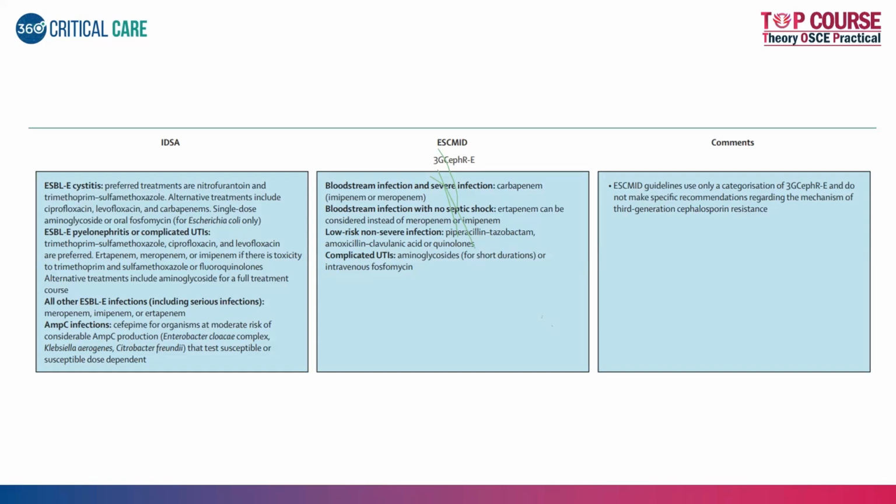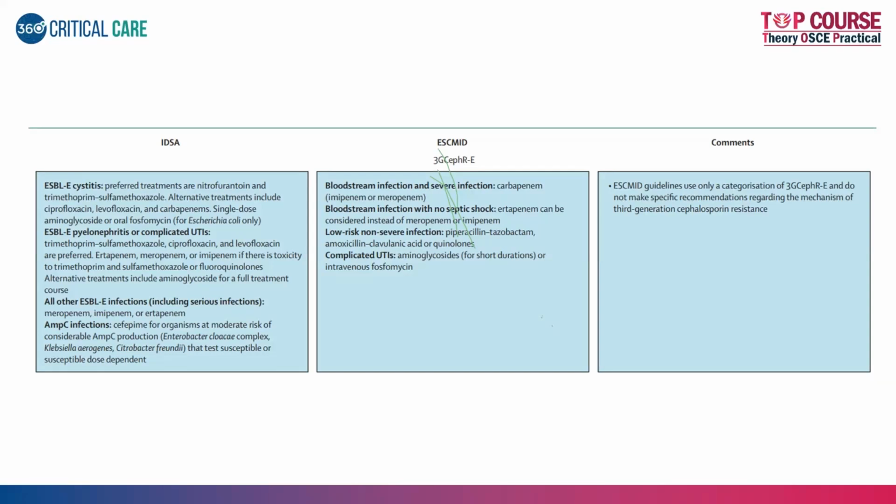If this patient is unable to receive any of the above-said antibiotics, then the drug of choice would definitely be your carbapenems. Alternatively, you can still use aminoglycoside, but it should be a full treatment and not a single dose. I've already mentioned severe infections. The drug of choice again here would be meropenem.